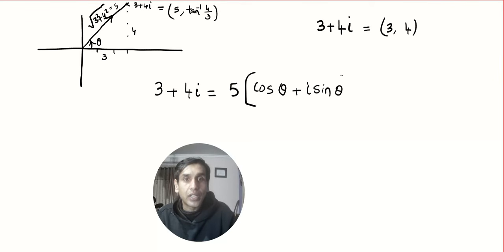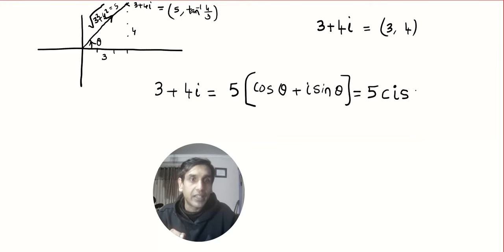This is called the modulus argument form. Some authors love to write this as cis theta, c for cos, i for iota, and s for sin, and they write theta. In this problem, theta is tan inverse 4 by 3. And Euler, a mathematician, found that this can be written as e to the power i theta.